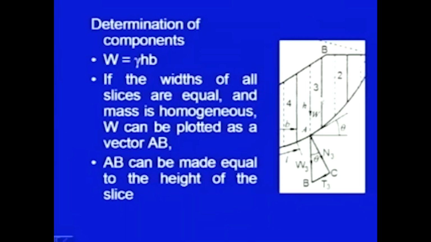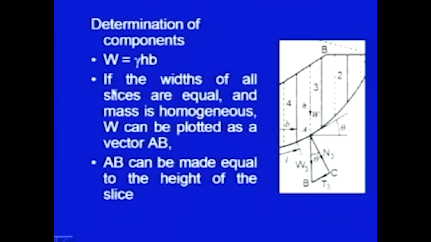So, h into b gives you area. We are considering this arc as an approximately straight line. So, h into b, and normal to the plane of paper we are taking 1 unit dimension. So, the volume of this slice will be h into b into 1 and gamma is the unit weight of soil. So, gamma h b is the weight.